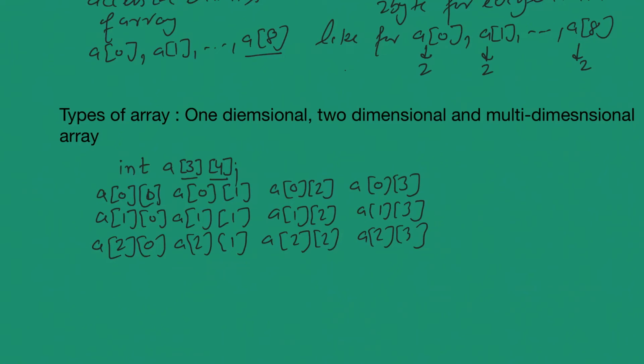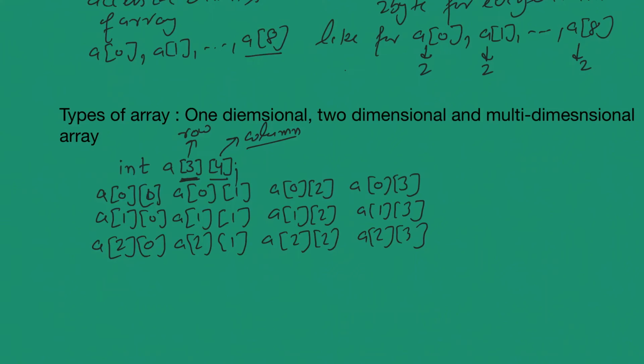So the first index corresponds to the row and the second index corresponds to the column.